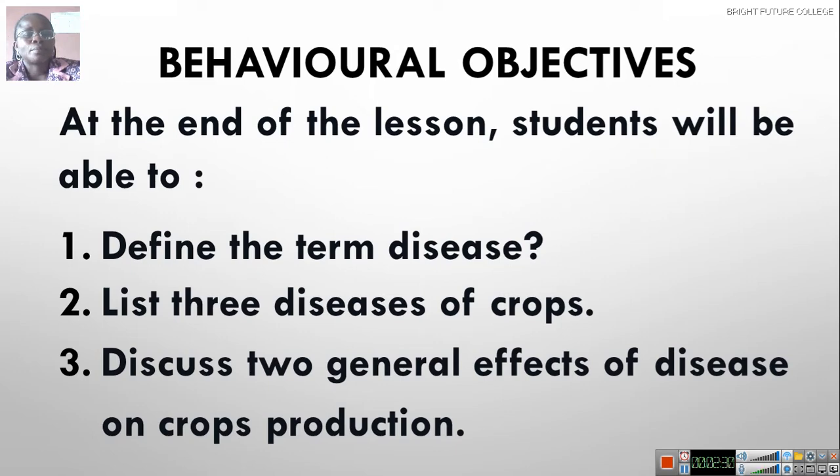On botanical classification, we saw 3 major groups: 1. Bryophyta. 2. Thallophyta. 3. Tracheophyta. We discussed agricultural classification of various groups like legumes, pulses, spices, and so on.